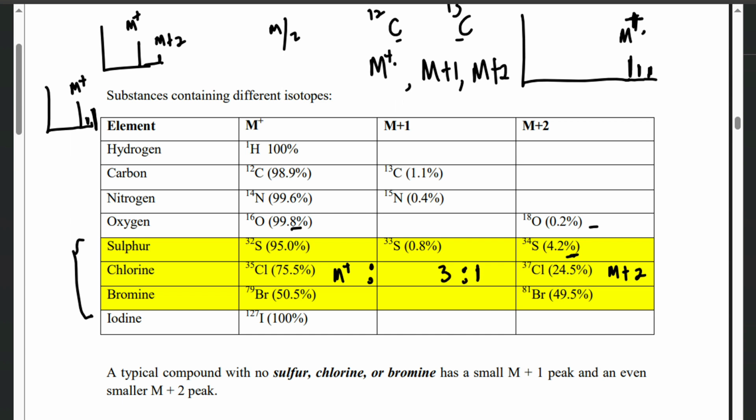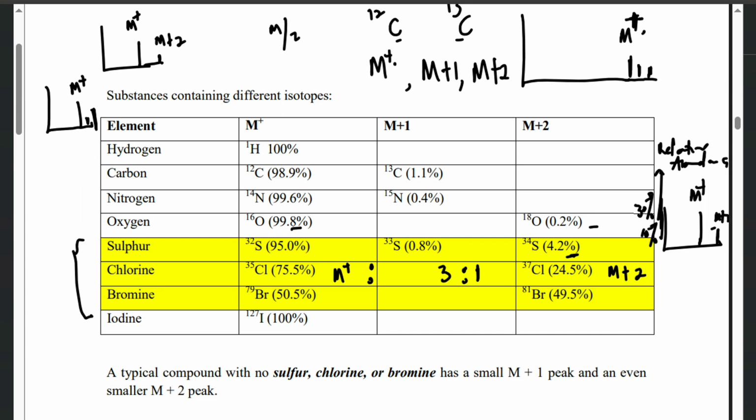So it's very important that when you see a peak, the M plus is 3 times the M plus 2 in relative abundance. Let's say this one is 30% and this one is like 10%. So you can easily tell that this corresponds to chlorine.